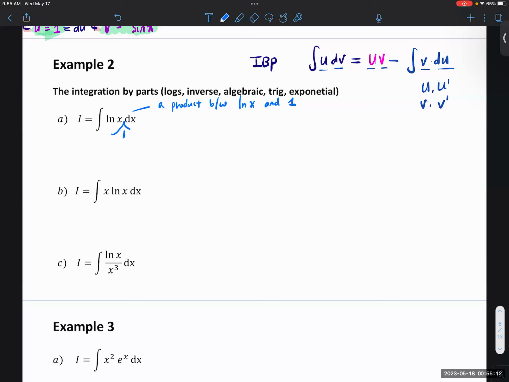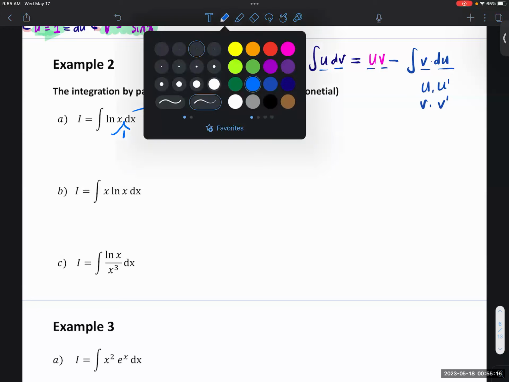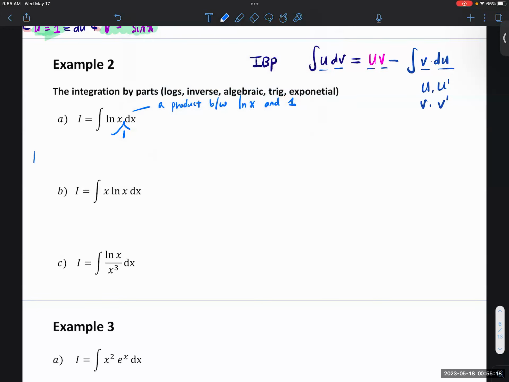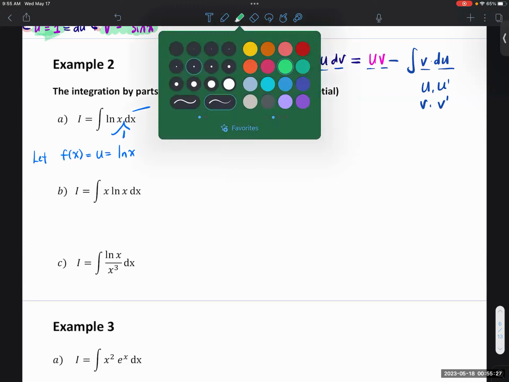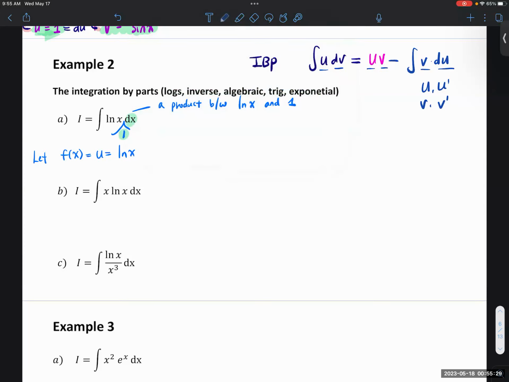I'm going to say the ln x is going to be my u. Let f of x be my u, which is ln x, correct? And I'm going to say 1 times the dx is my second function, but that's actually already a derivative.